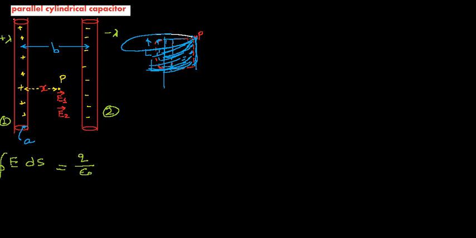The circumference is, with x the distance, 2 pi x, so the area is 2 pi x into L. So the total surface area will be equal to 2 pi x L.